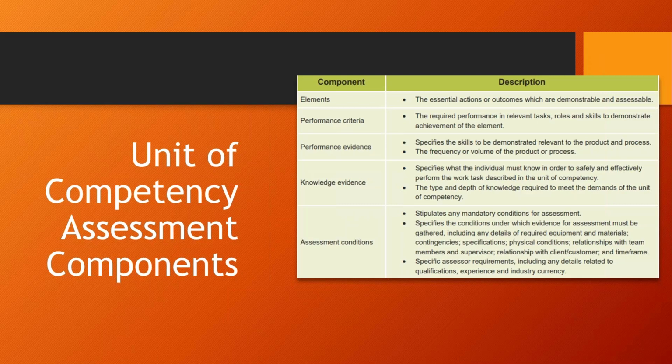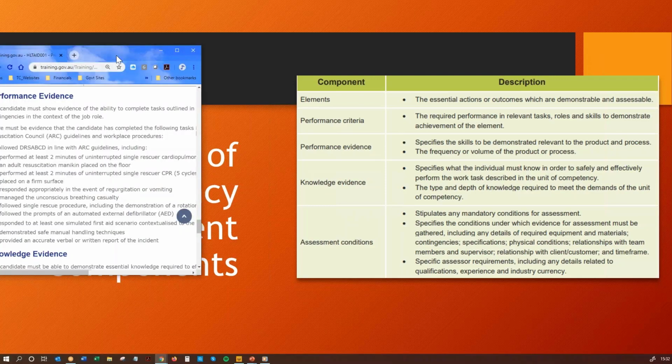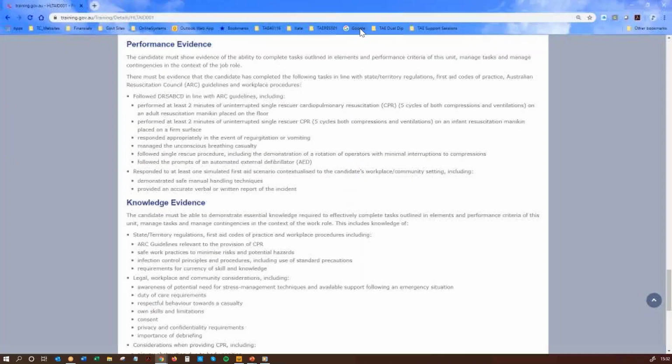So if we again have a look at that unit of competency that we were in previously, if you have a look at the performance evidence, for example, it says that you must have performed at least 2 minutes of uninterrupted single rescuer CPR with 5 cycles of compressions and ventilations on an adult mannequin, at least, placed on the floor, and that you must also do this uninterrupted CPR on an infant.